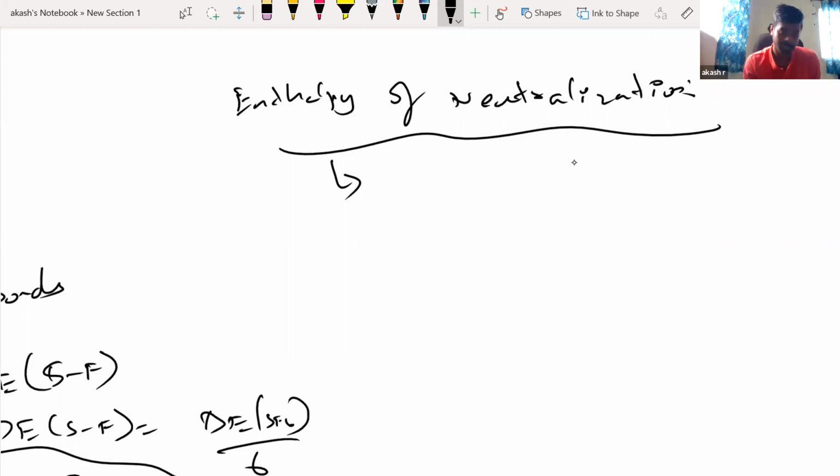Anyways, enthalpy of neutralization goes like this. It is the enthalpy change occurring when 1 mole of an acid reacts with a strong base to form products.